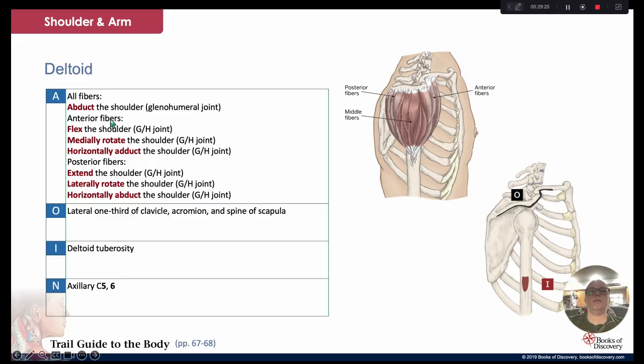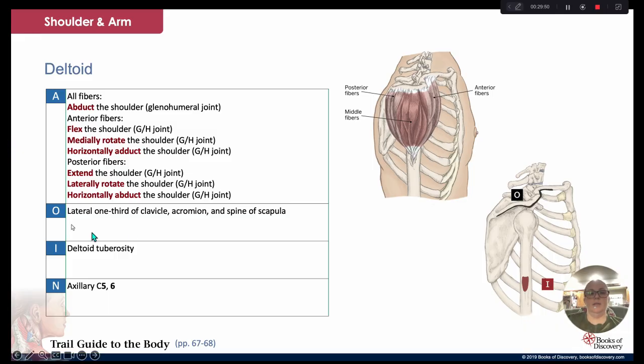So these front anterior fibers are going to help flex the shoulder, help medially rotate the shoulder, help horizontally adduct the shoulder. And then we have our posterior fibers that are going to extend the shoulder, laterally rotate the shoulder, and horizontally abduct the shoulder.